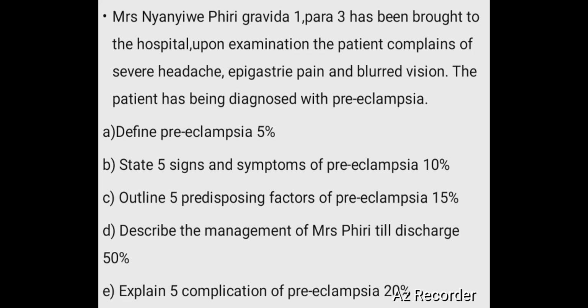Then you can do your history taking, physical examination, you can do your urinalysis, liver function tests, some full blood count can be done. Then when it comes to treatment of preeclampsia, of course, we use anticonvulsants. So that we prevent convulsions in this woman. So the drug that we can use under anticonvulsants is magnesium sulfate.